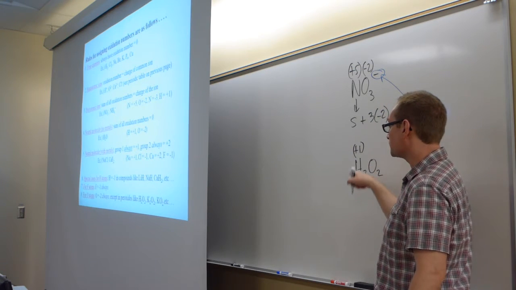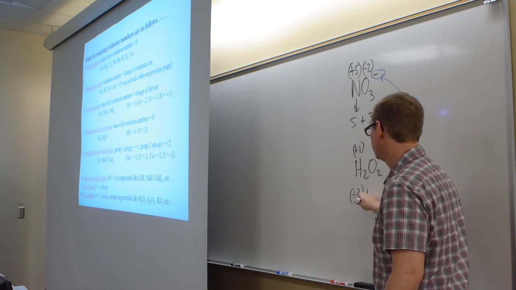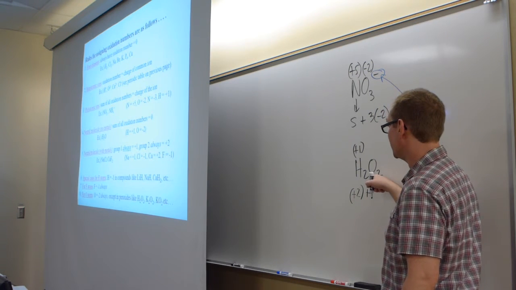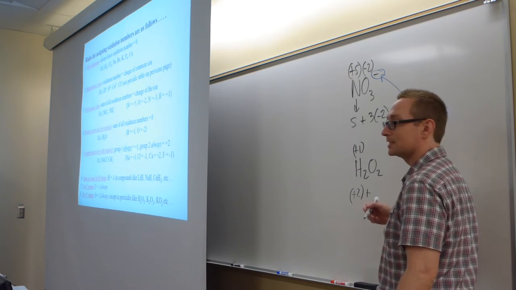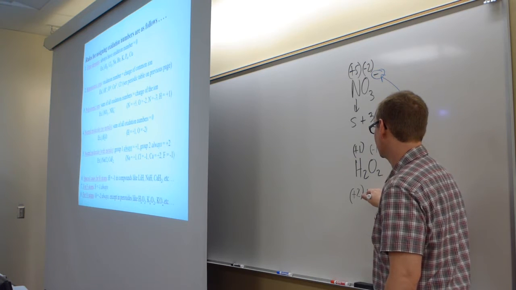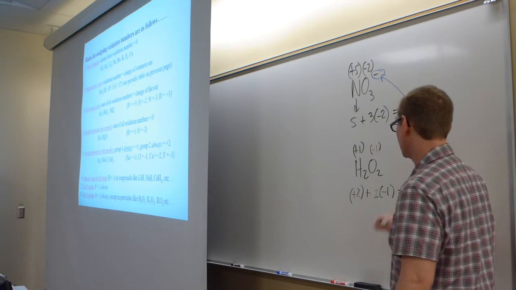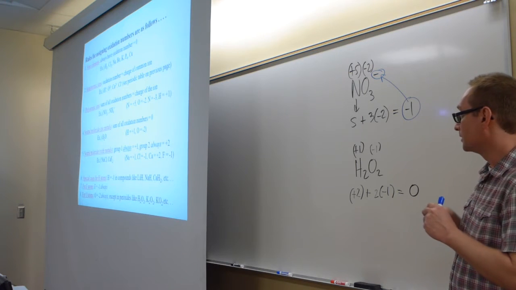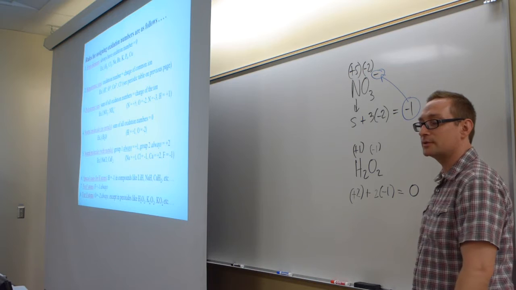If hydrogen is always +1, then there are 2 of them. What's the oxidation number on the oxygen? Yeah, -1, right? So that's an example of how oxygen might not be -2, but usually it's -2.